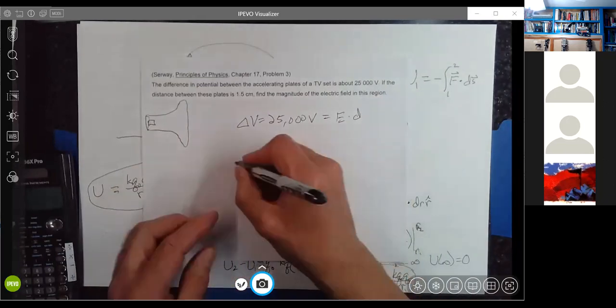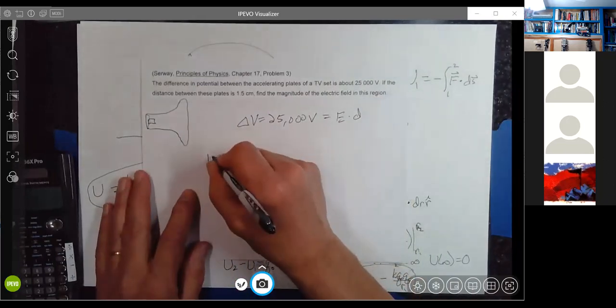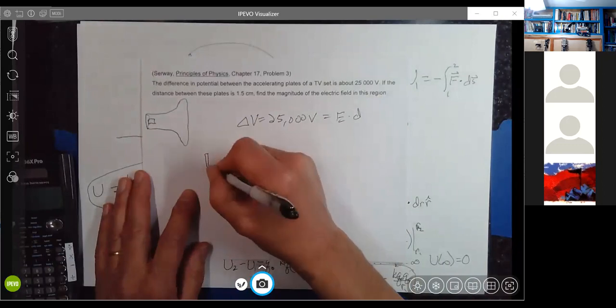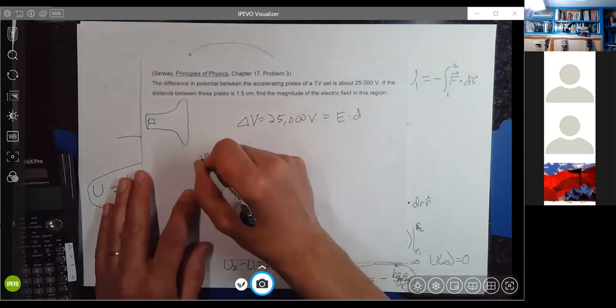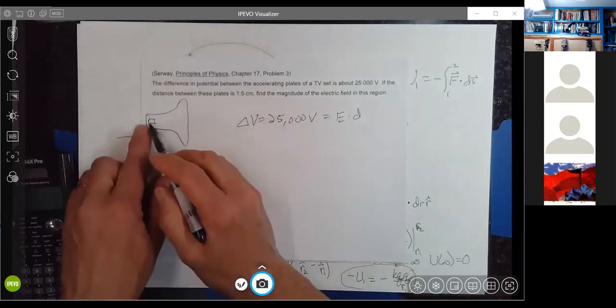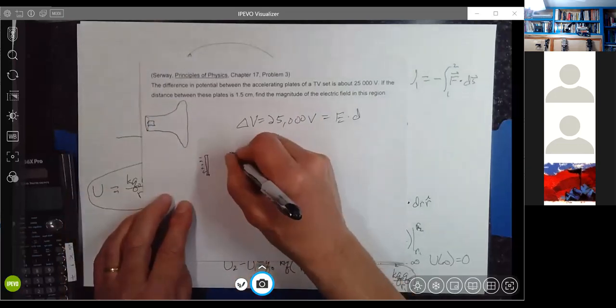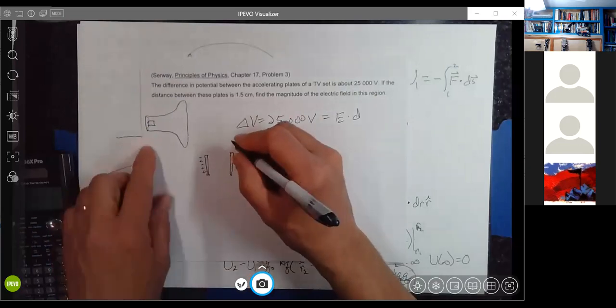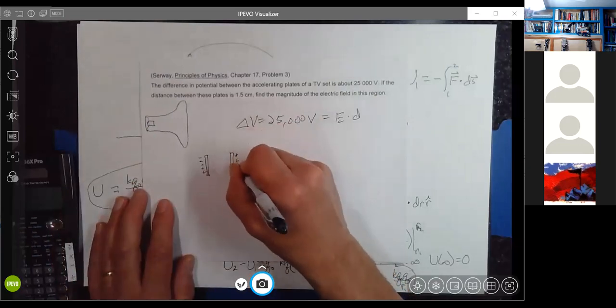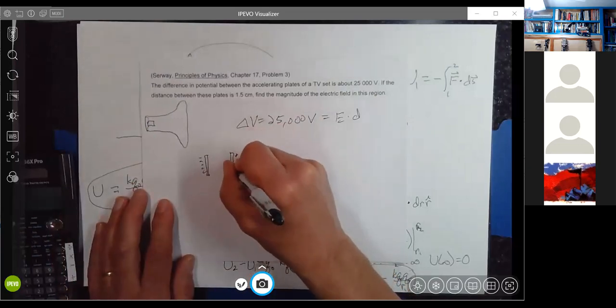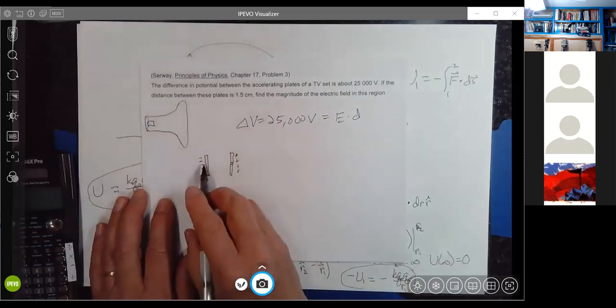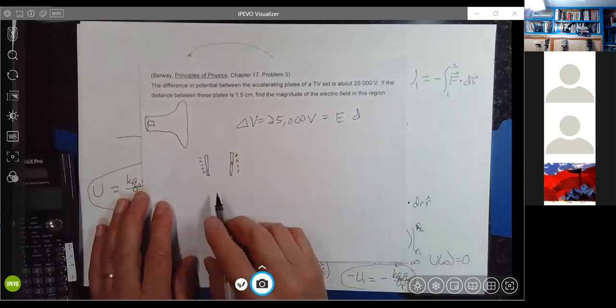And so you can imagine that you've got some positively charged, actually you'd have a negatively charged plate backmost, and then you'd have a positively charged plate toward the front, probably with a little hole drilled in it for the electrons to zip through after they've been accelerated.